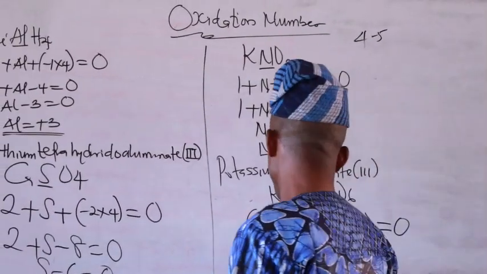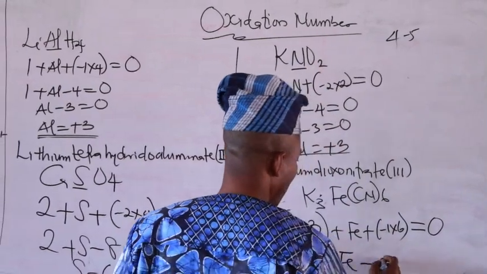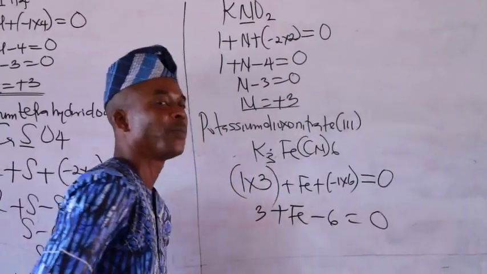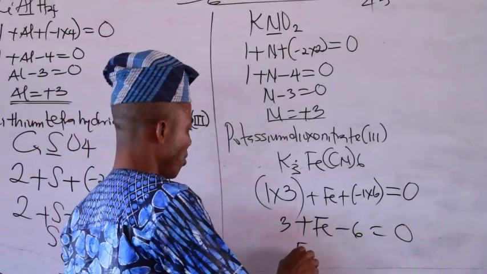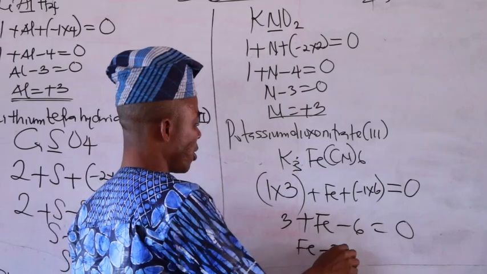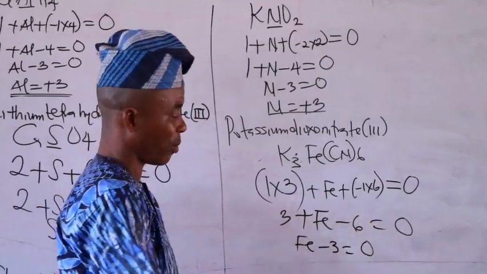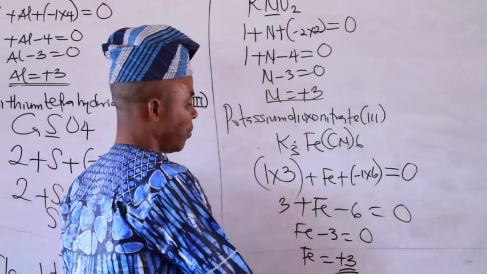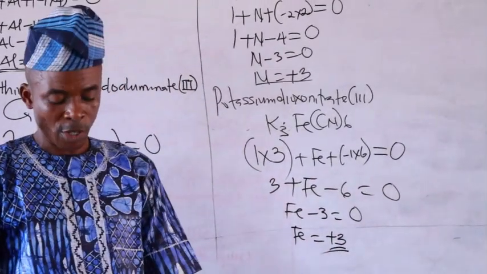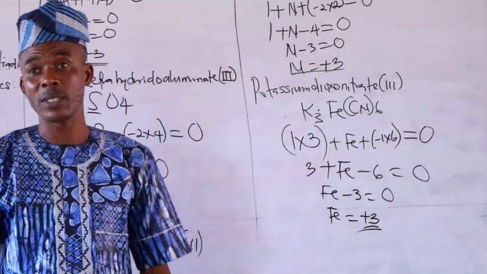So this is 3 plus Fe minus 6 equals 0. Then we have 3 minus 6 will give us -3. Then Fe will give us what? Plus 3. It means the oxidation number of iron in that compound is +3.